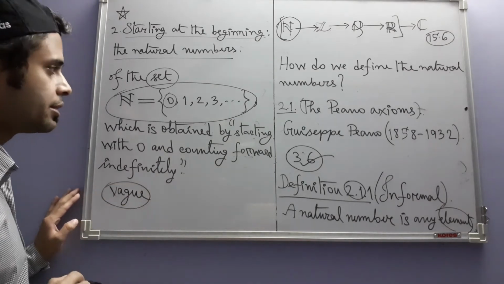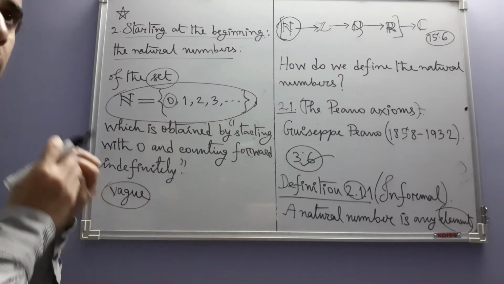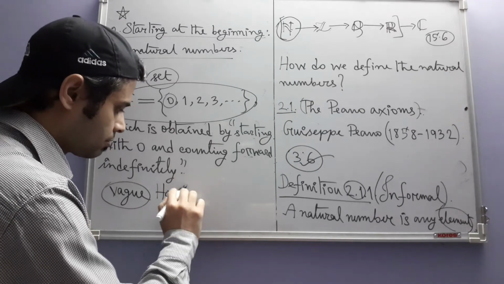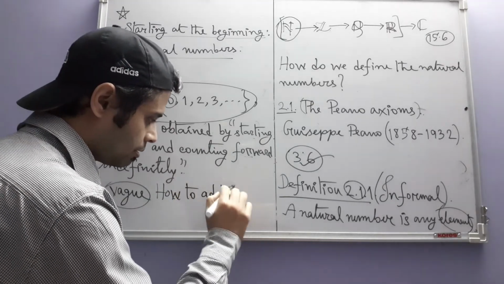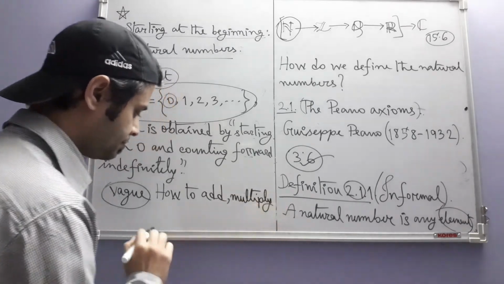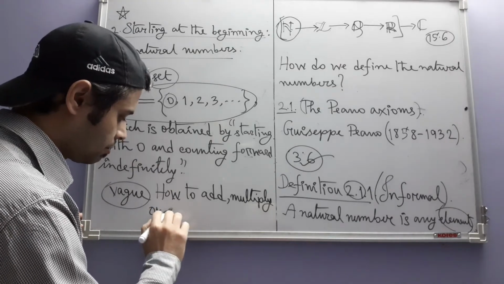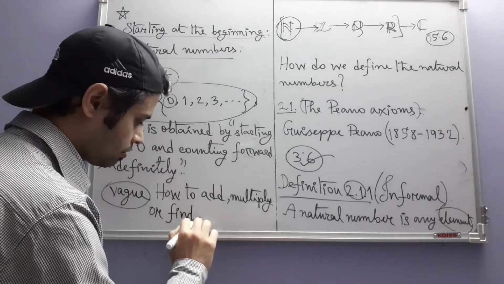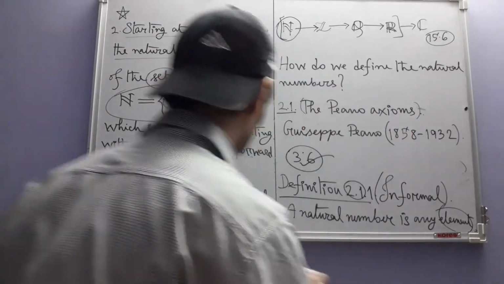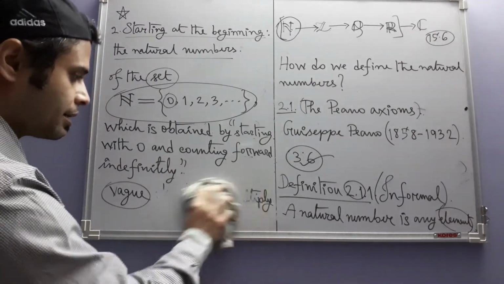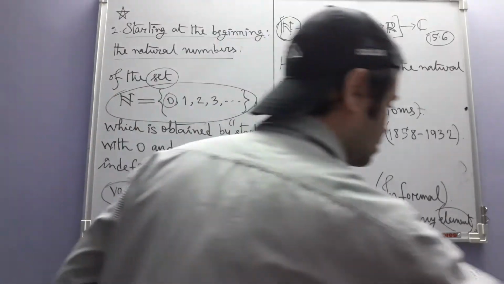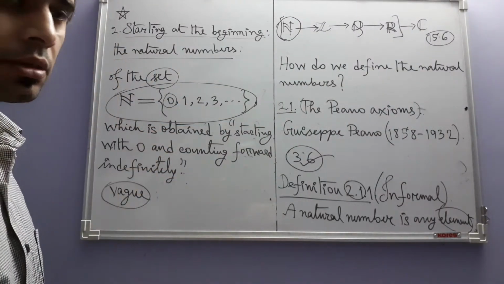The second difficulty is that this definition does not say anything about how to add, multiply, or find exponents. This definition actually does not tell me anything about the operations that are there in the system of natural numbers.